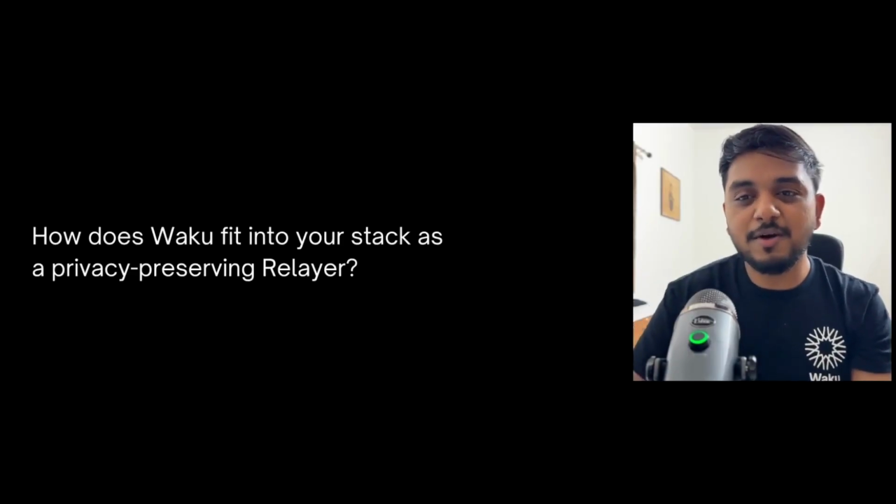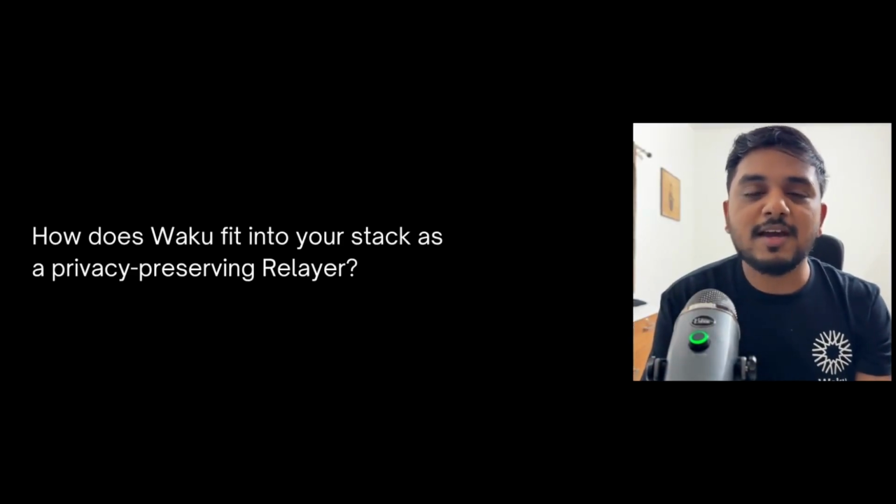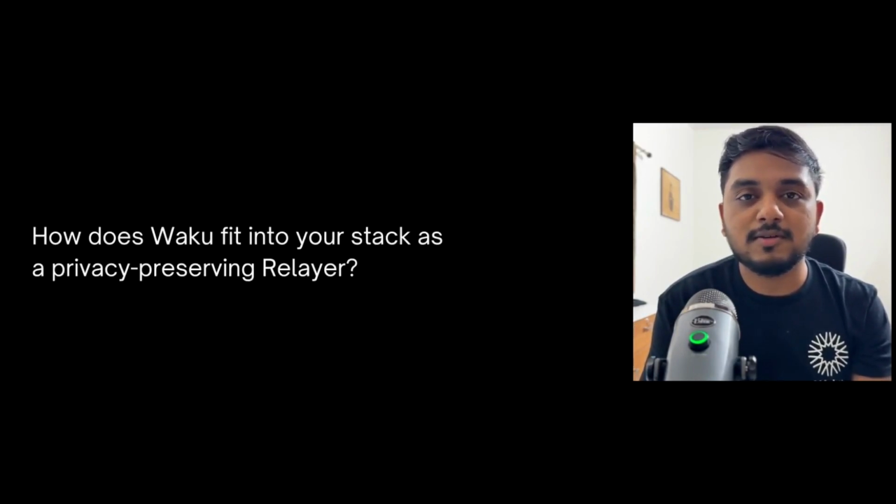So I'm really curious, how does Waku fit into your stack as a privacy-preserving relayer? Can you comment more on the technical side of Waku integration with Railgun? So whenever you're putting together a privacy protocol, right, there's the obvious on-chain data that people think about, but there's also various other ways that could compromise your privacy that people might not think about, right?